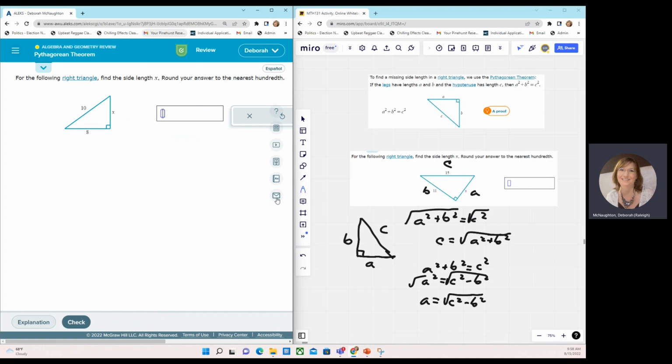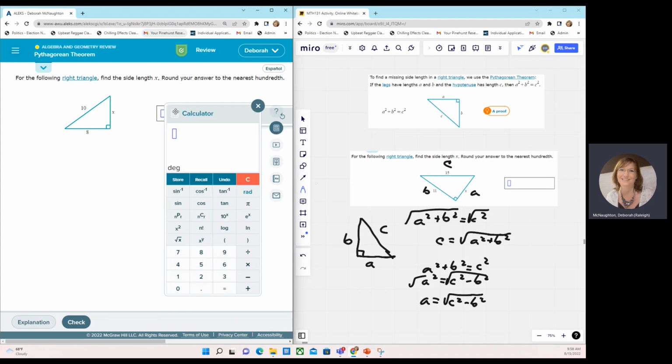Okay, more practice. Now that we know how it works, we're going to do the same thing again. They asked us for a side, so we're just going to use the calculator. The answer for a side is the square root of the hypotenuse squared minus the other side squared.